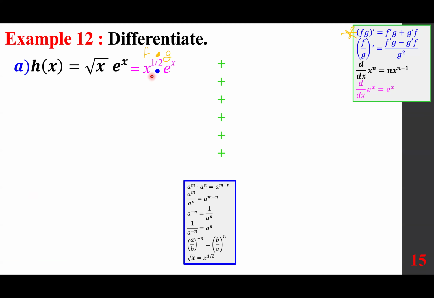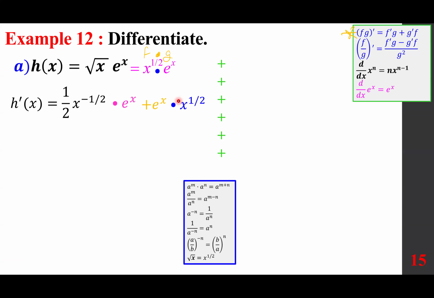F prime is 1/2 x to the power of 1/2 minus 1, or negative 1/2, times g, e to the power of x, plus g prime, which is itself e to the power of x, times f, x to the power of 1/2. And this is the extent of the calculus steps.